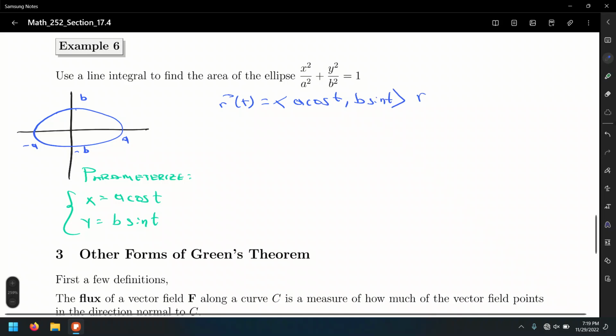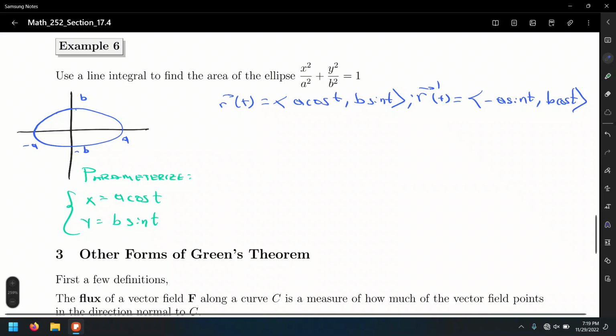And let's find the derivative, because we need the derivative to evaluate an integral. So r prime is negative a sine t, comma, b cosine t. All right? So that's all we need to evaluate a line integral.